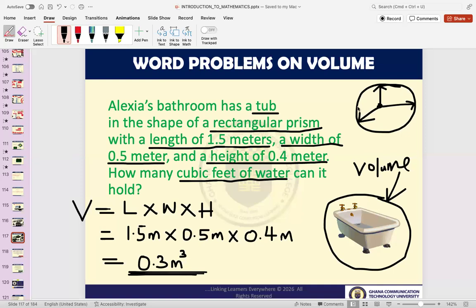It's different from meter, where the water is just flowing on the floor in one direction. This one has been trapped in the bath. So that is the meters cubed. And so you have it in the bath, somehow like this. Very good.